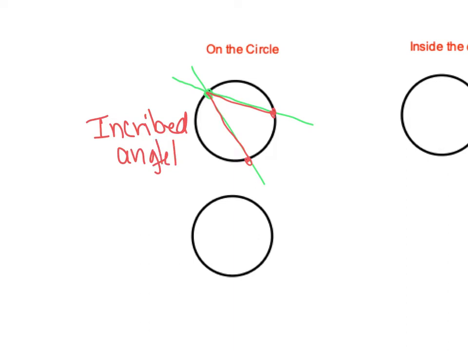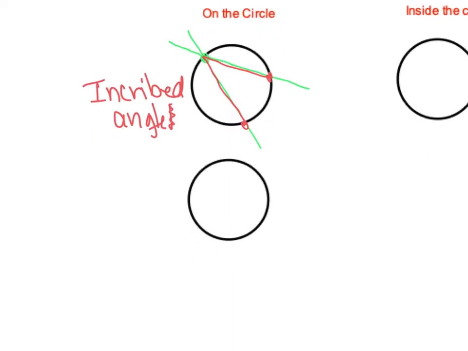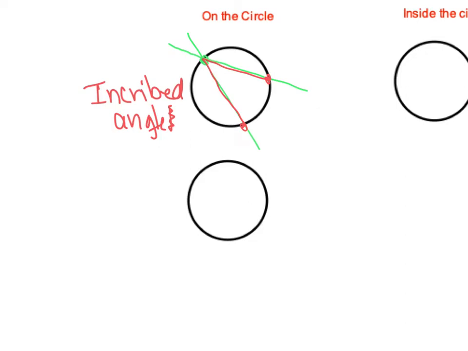However, you could also have something like this, where you have a line going through the inside, and then you also have a tangent line, and they meet on the circle. If we focus just on those 2 red lines, we have 2 angles that are created. We have this small angle right here that we'll call angle 1.